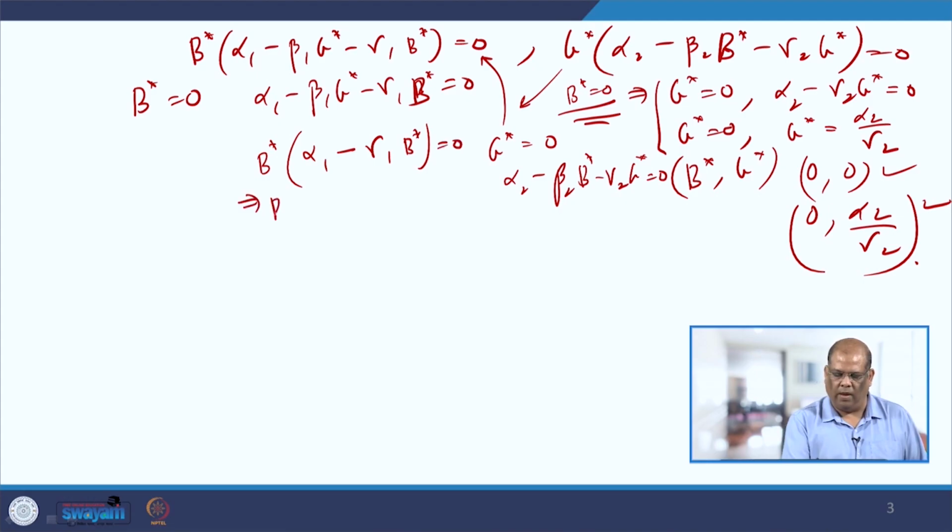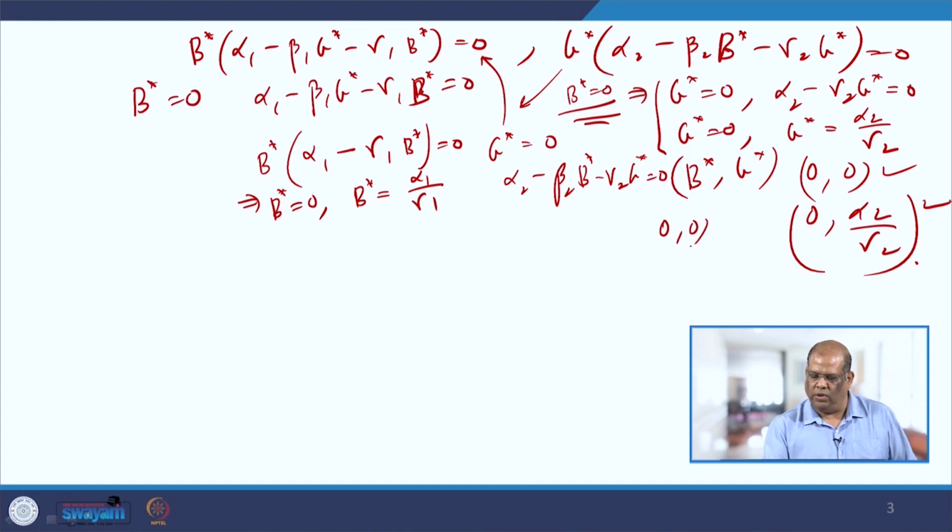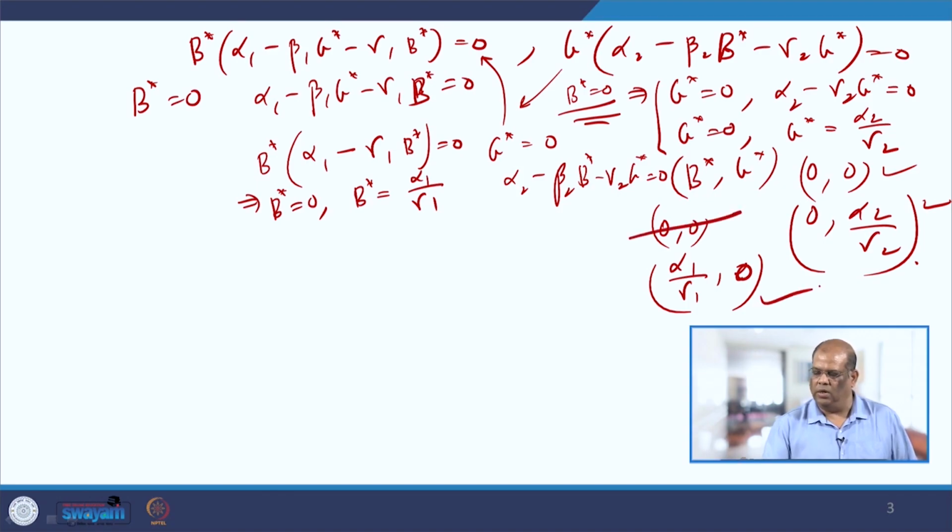This will imply b star equal to 0 and b star equal to alpha 1 by gamma 1. So, if I combine these two, I will get 0, 0 and alpha 1 by gamma 1, comma 0. 0, 0 is already there, so we accept this. So, right now with this you have 1, 2 and 3 equilibrium solutions.